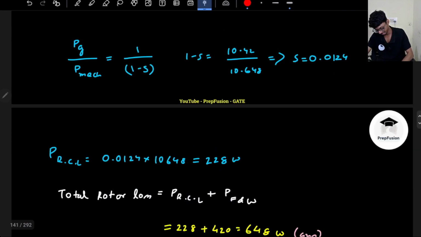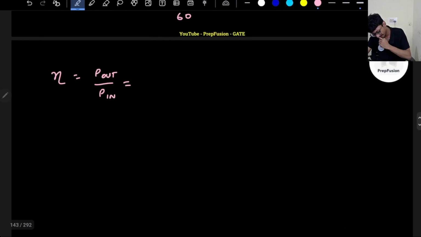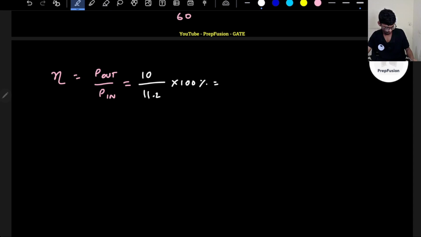It is simply 10 kilowatts upon 11.2 kilowatts into 100, so it is 89.286%. So yeah, this is the answer basically.